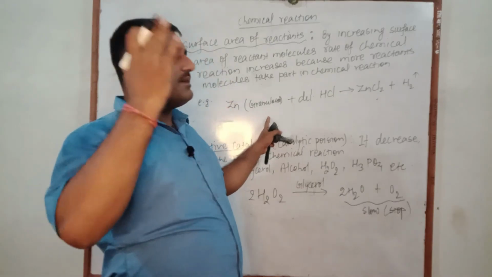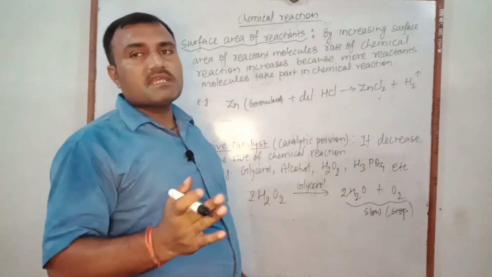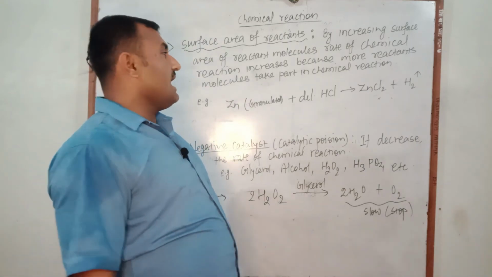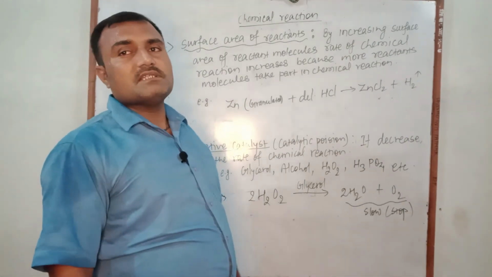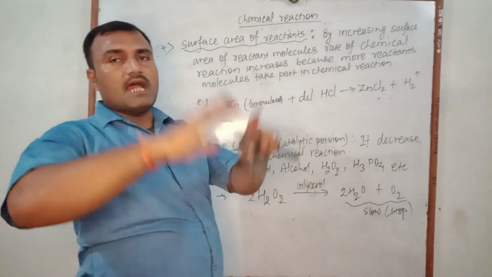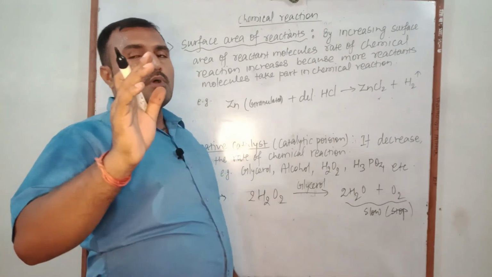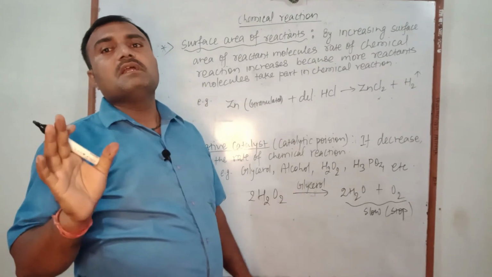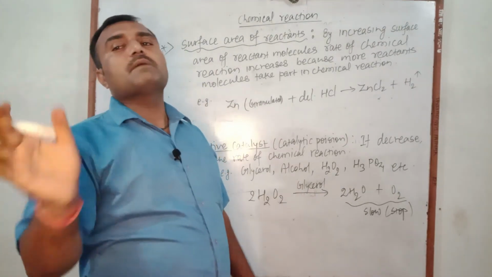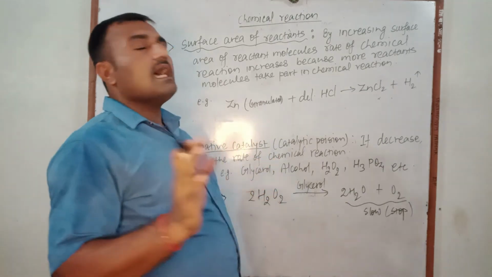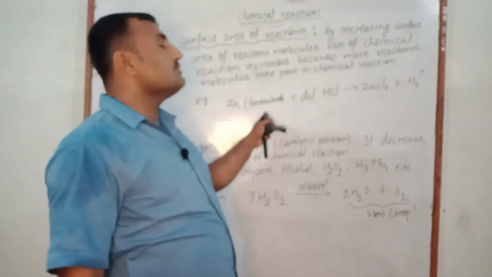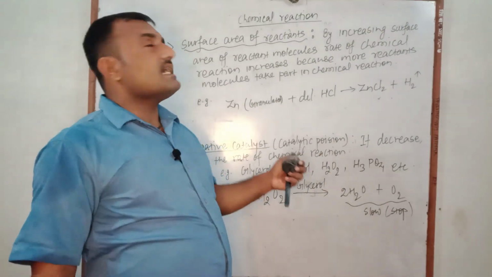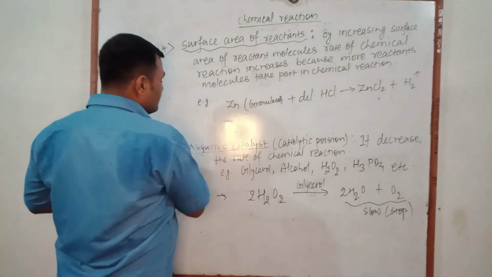Because by granulating, or by making pieces, its surface area increases and the rate of chemical reaction increases. When we take a large piece of zinc, then only the zinc atoms present on the outer surface of the large mass take part in the chemical reaction and the rate becomes slow. But granulated zinc has more surface area, and due to that the rate of chemical reaction increases.